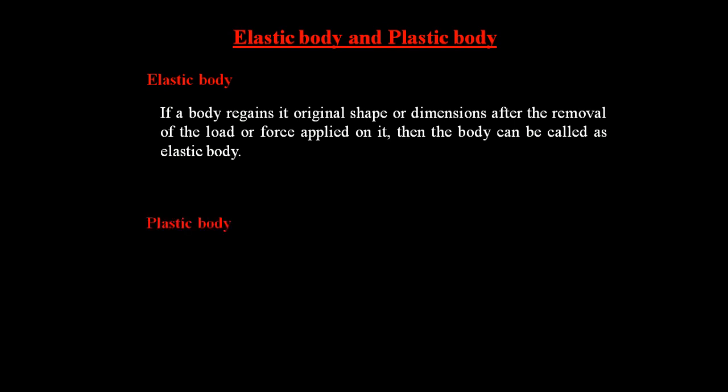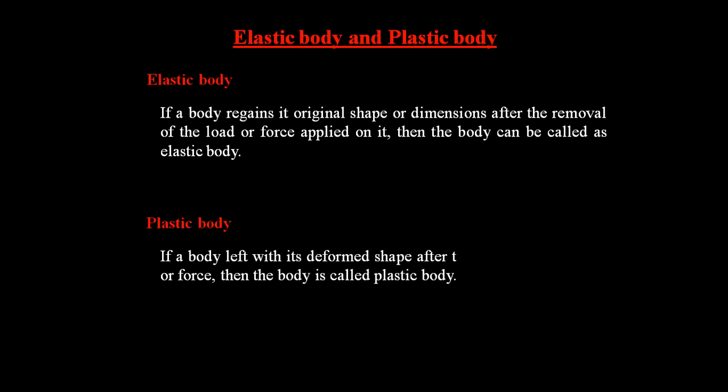Next, plastic body. What do you mean by plastic body? Again, try to read the definition here. If a body is left with its deformed shape after the removal of the load or force, then the body is called a plastic body. So plastic body is opposite to the elastic body. Again, after the application of force, the body can undergo deformation.